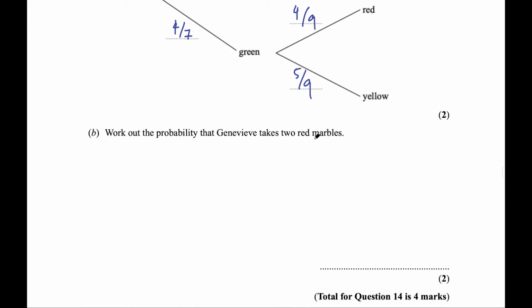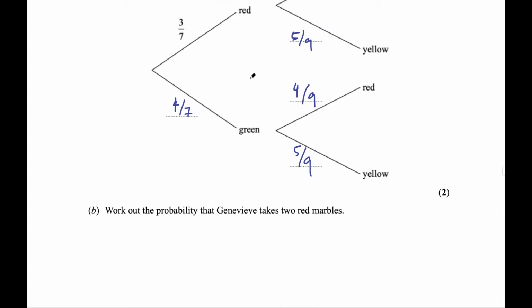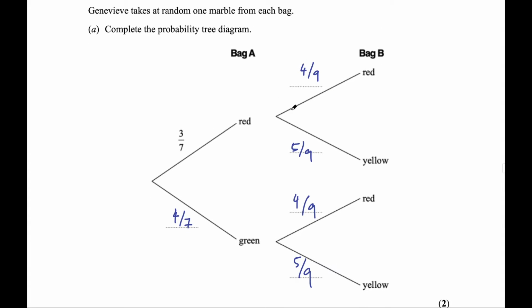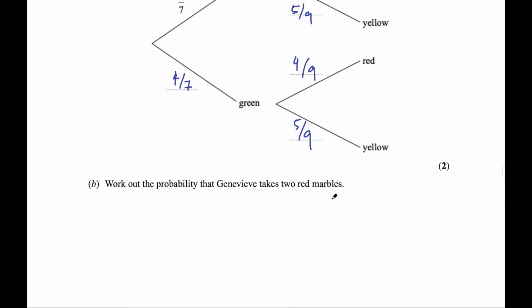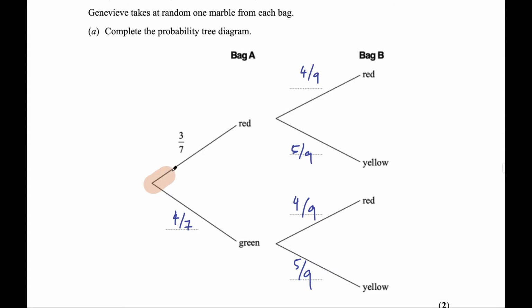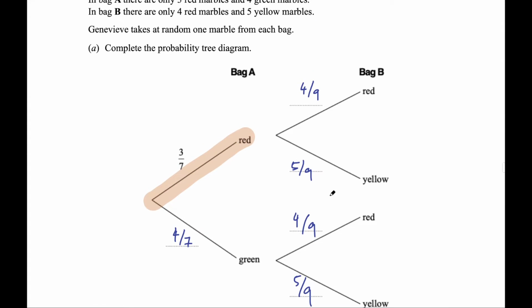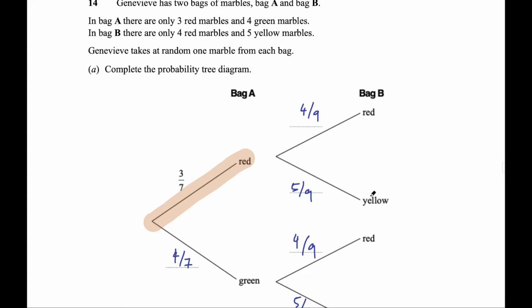Part B says work out the probability that Genevieve takes 2 red marbles. So one strategy you can use here, if you're given a tree diagram like this, is highlight the branches that you need to focus on. So the probability of 2 red marbles, well, the first red marble will be this branch, and then we're not going to worry about this yellow one because we want to pick 2 red, so the second branch will be this branch here.